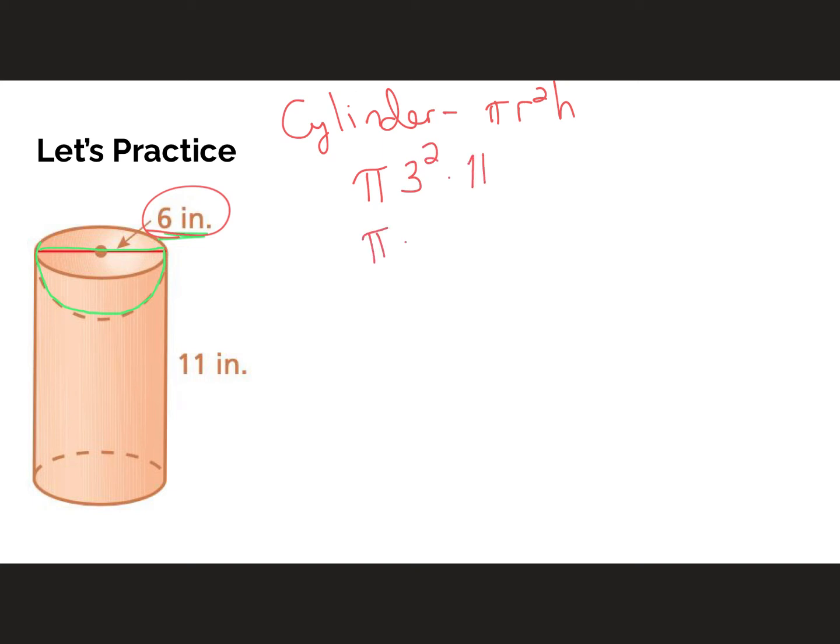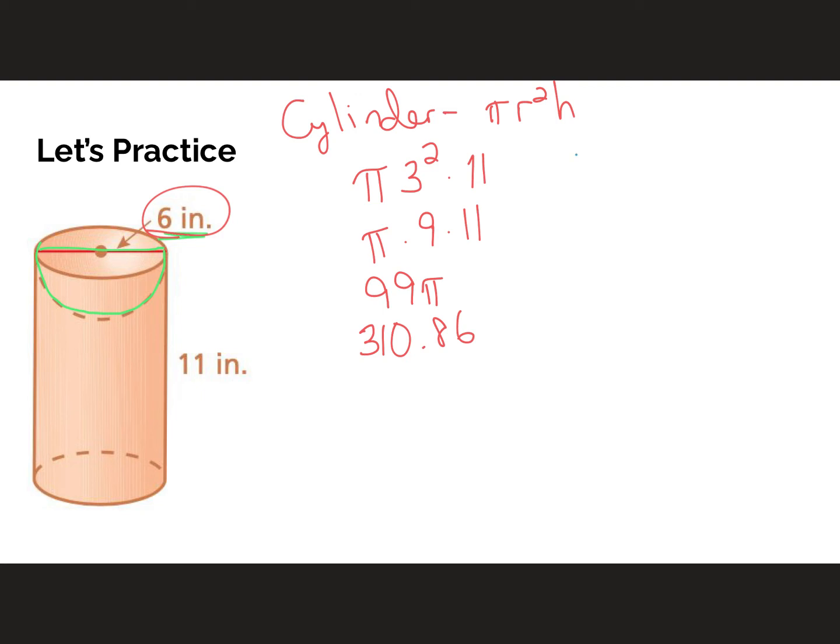So pi times 9 times 11. Oop, that wasn't an 11. Which is just 99 pi. Remember, pi is 3.14, so 99 times 3.14 gives us approximately 310.86. But now we're going to need to subtract our hemisphere.